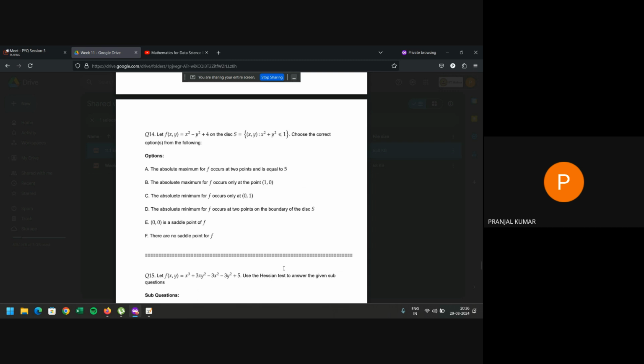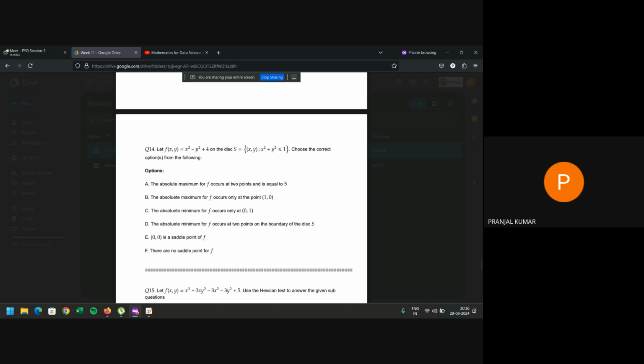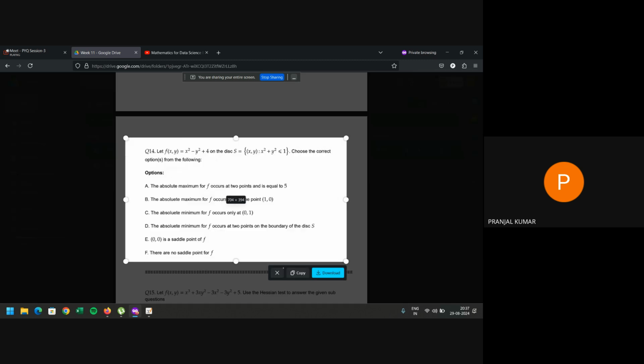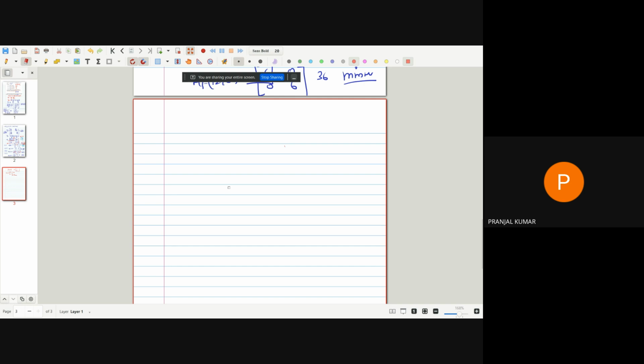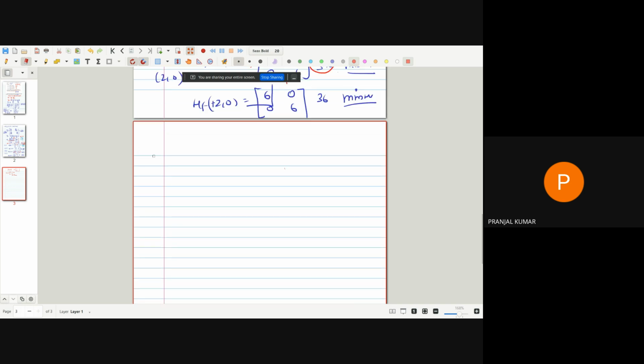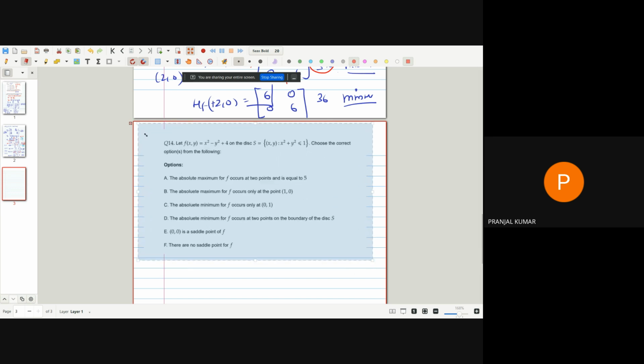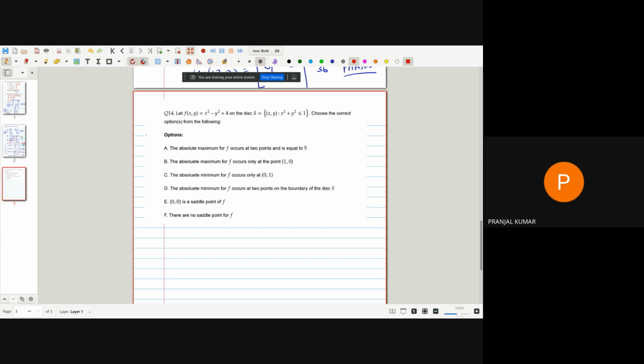Okay. Now this function. Okay. So this question, f(x,y) is equal to x square minus y square plus 4 on the disk.